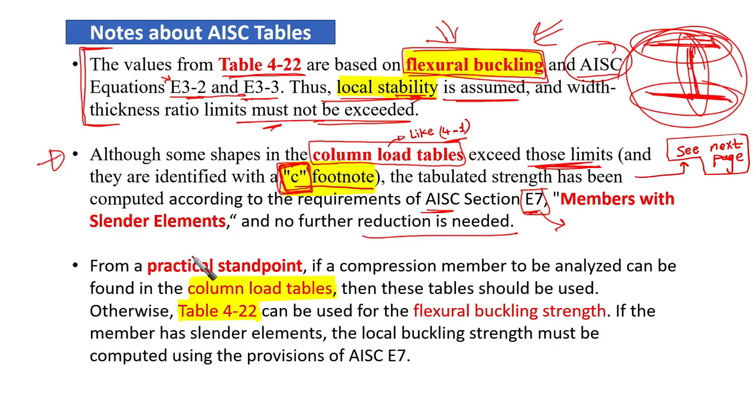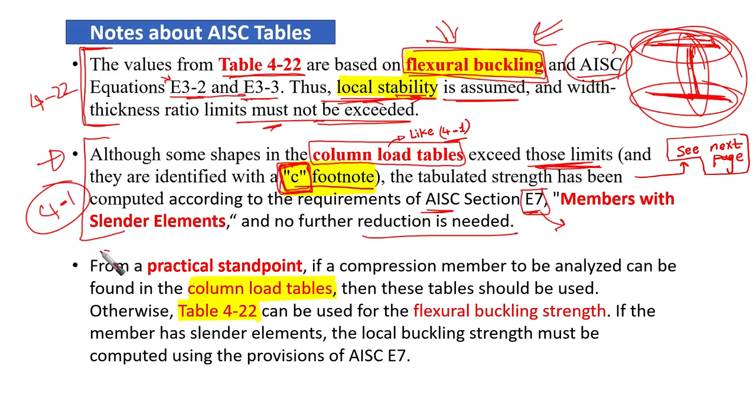The strength is already reduced in order to take into account the local stability issues. This is one of the biggest differences between table 4-22 here and table 4-1 here. We're going to find this C footnote on several shapes.